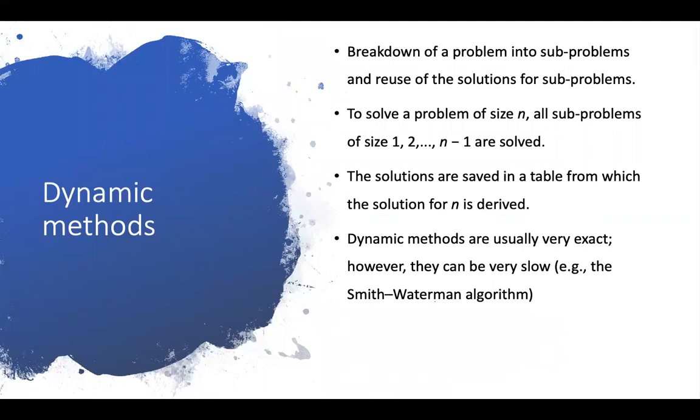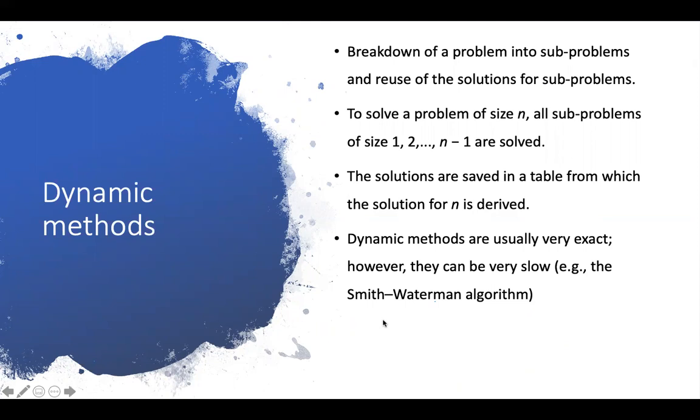For a problem of size n, all subproblems of size 1 to n minus 1 are solved, and solutions are saved in a table from which the solution for n is derived. Like I said, we find the solution for each subproblem and then we merge them into one solution.